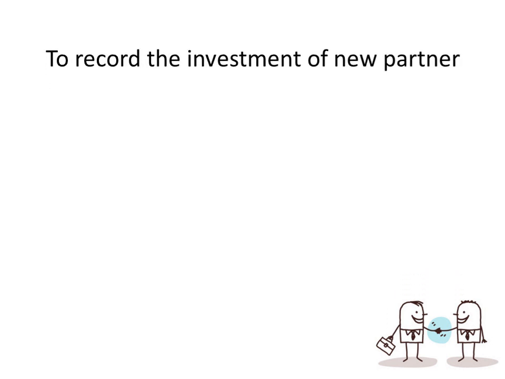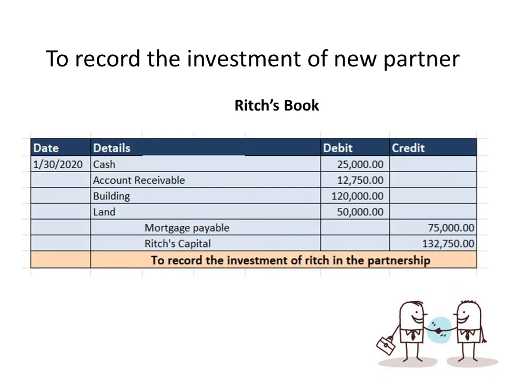Okay, so we record the investment of the new partner. In Rich's book, we have to debit cash 25,000, accounts receivable 12,750. Why? Because we already deducted the allowance for doubtful accounts. So 15,000 less 2,250, we arrive at 12,750. Building same, it's 120,000 because it's 150,000 less 30,000.